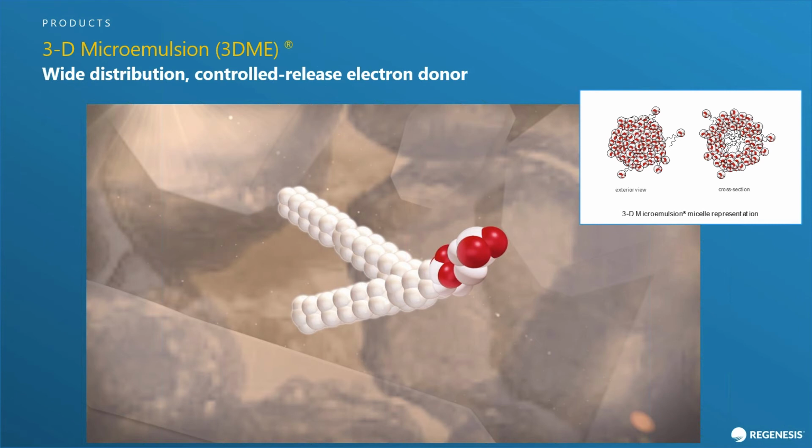One of the key benefits of 3DME is that these micelles enable it to be self-distributing. It's actually a technology I do often reach for at fractured bedrock sites, because of how these micelles work: you inject them into the subsurface, and at about 300 ppm concentration of 3DME, these micelles will form. They'll travel down the aquifer, concentration levels drop. They'll then stick to the aquifer matrix, concentration levels increase, micelles form, travel down, stick, form, stick, form.